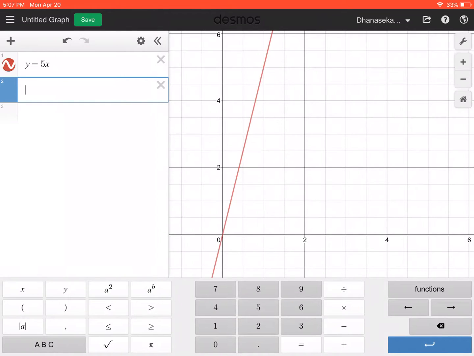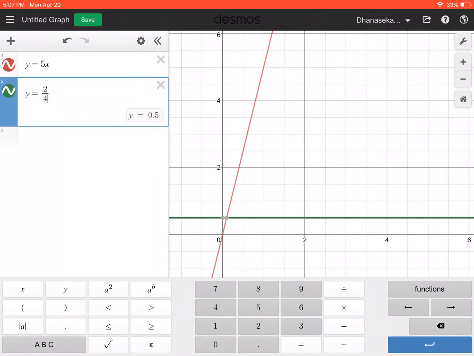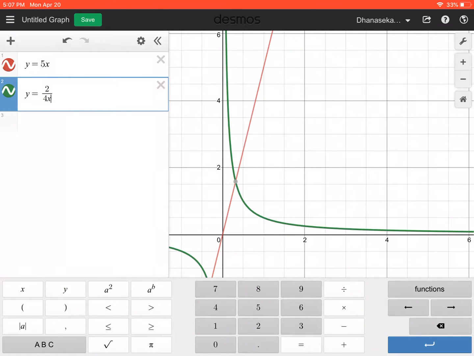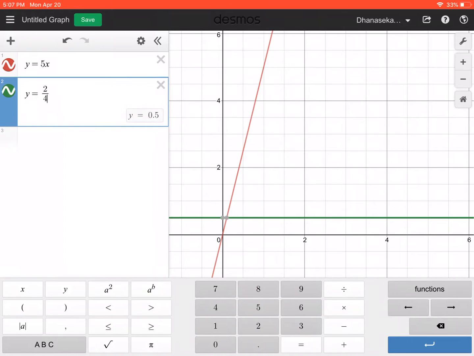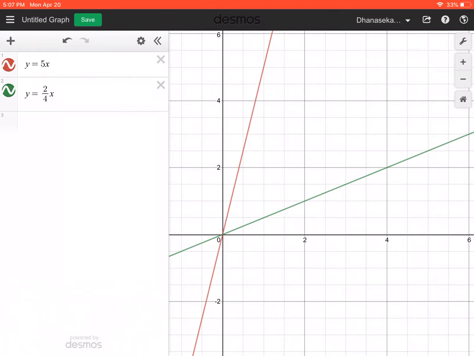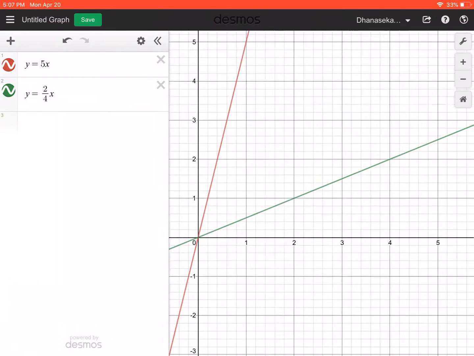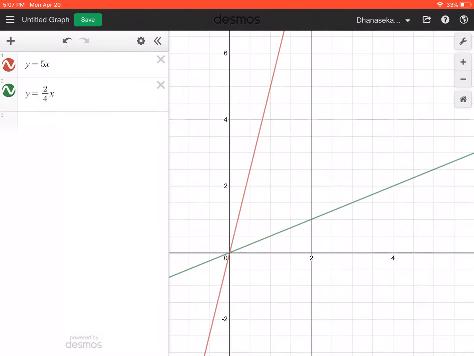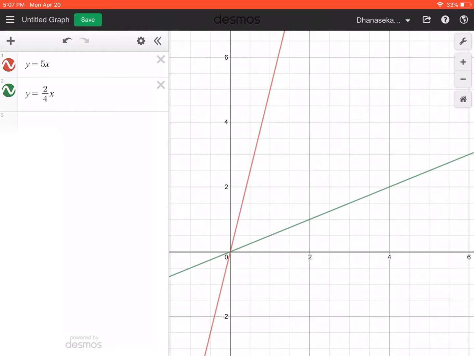So, y equals 2 over 4x, and that's my hypothetical line right there. And it's the right slope too. You can double check your work.